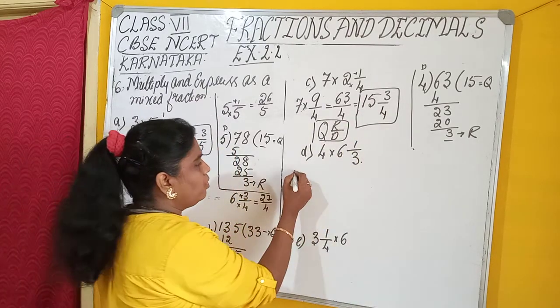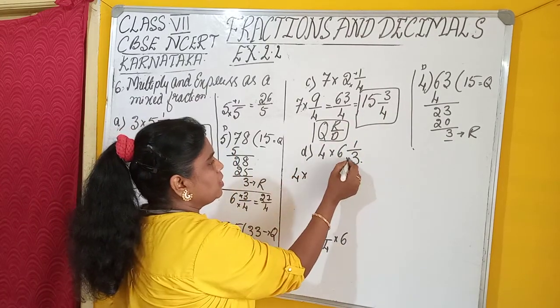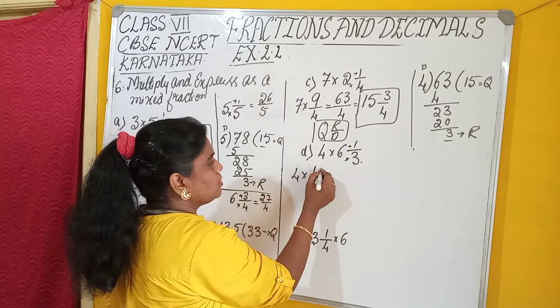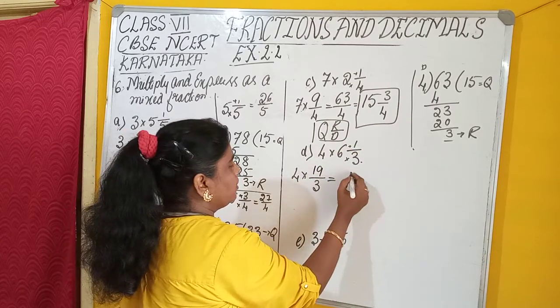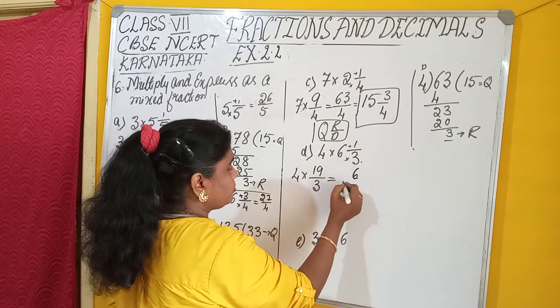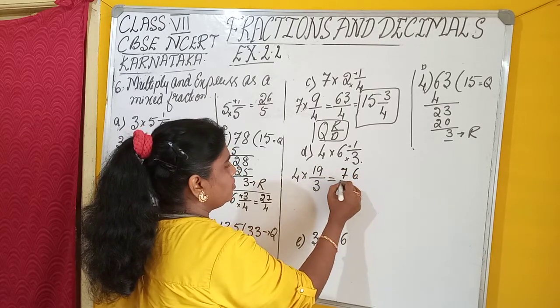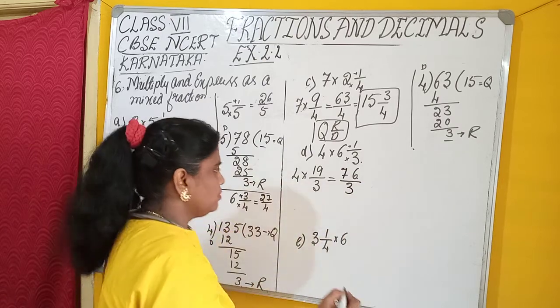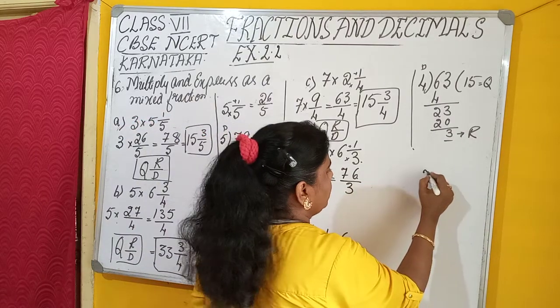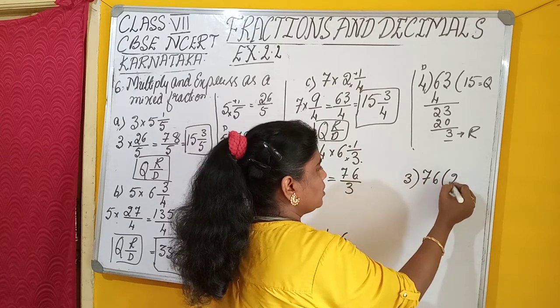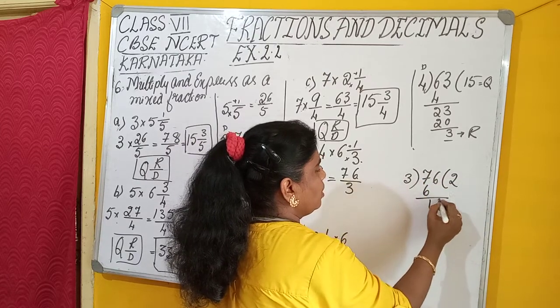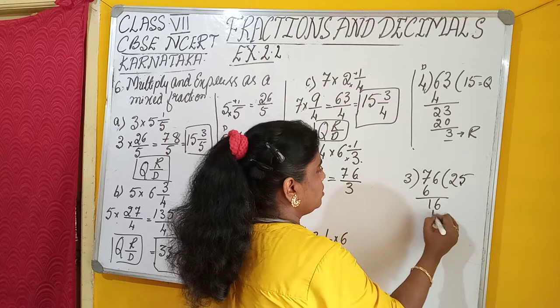Now 4 into 3 1/3. 3 6s are 18 plus 1 is 19 by 3. That is equal to 19 7s are 76 divided by 3. That is divided by 3. We will get 3 2s are 6, 1 3 5s are 15.